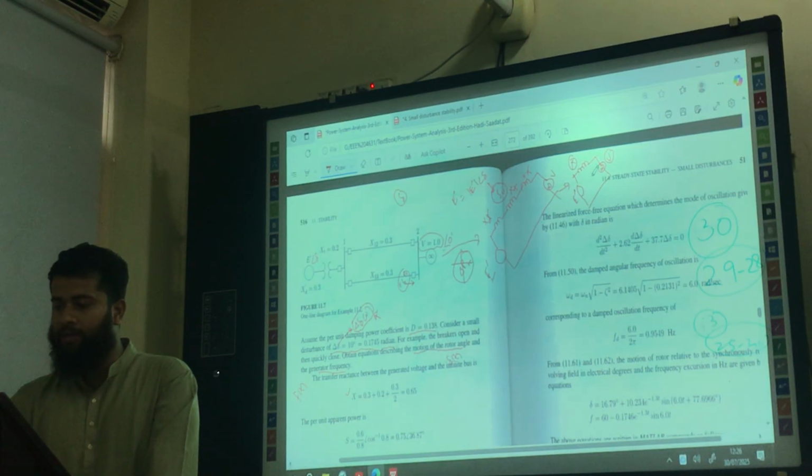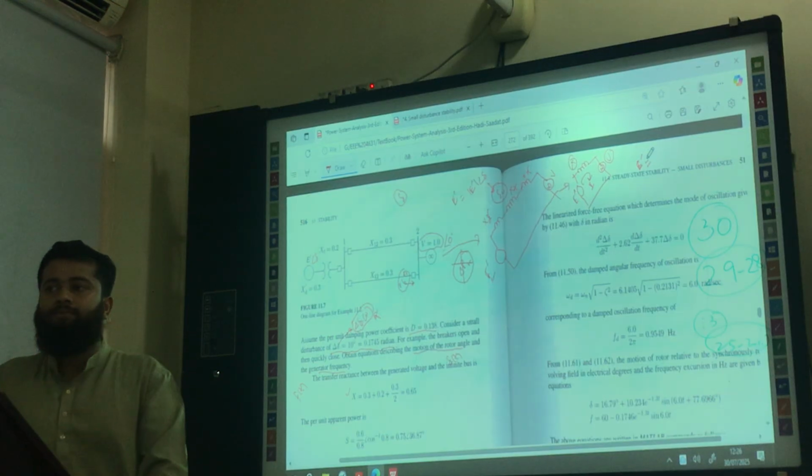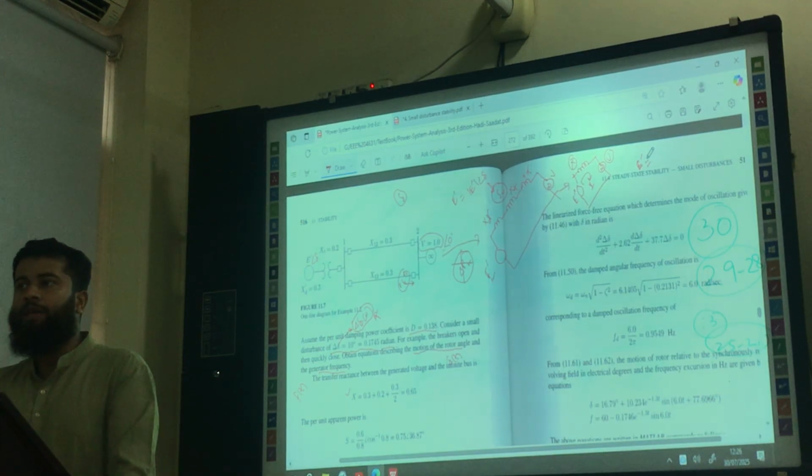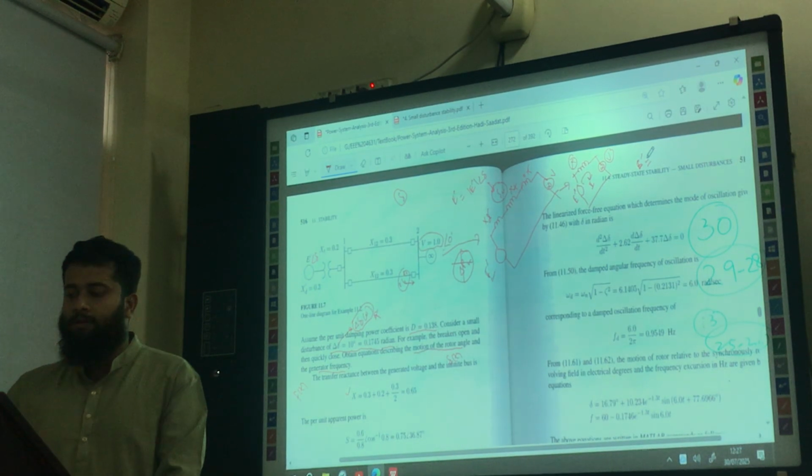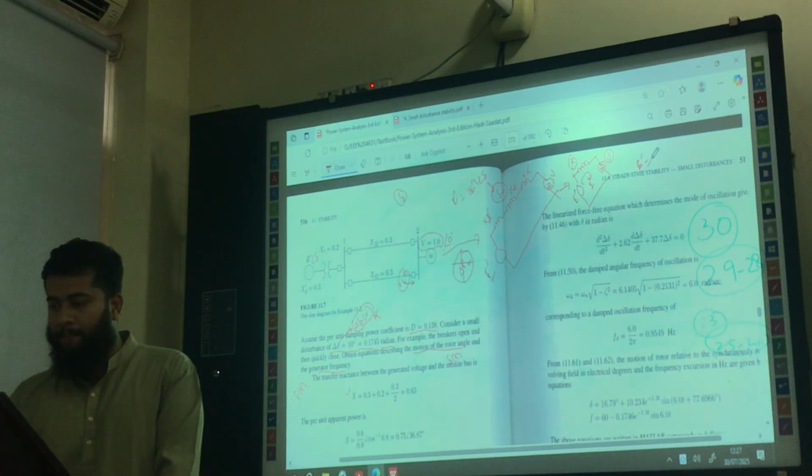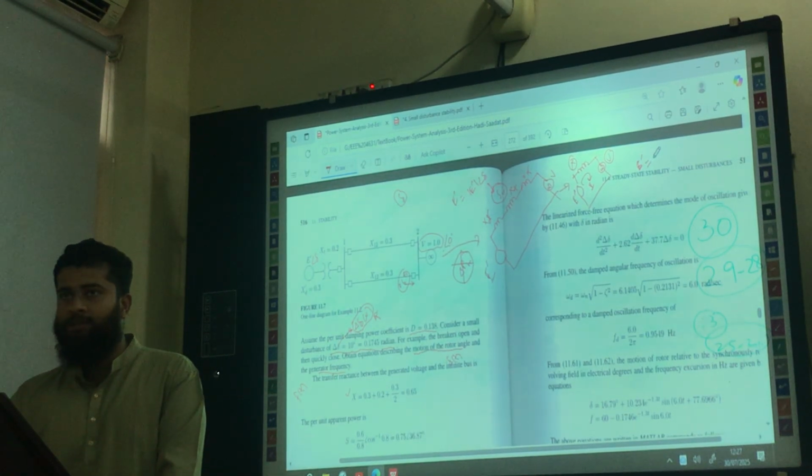Now you know the V, right? If there is a current I flowing across this circuit, can you write the formula for E prime, just applying the KVL? What is the formula of E prime? Say it loudly.